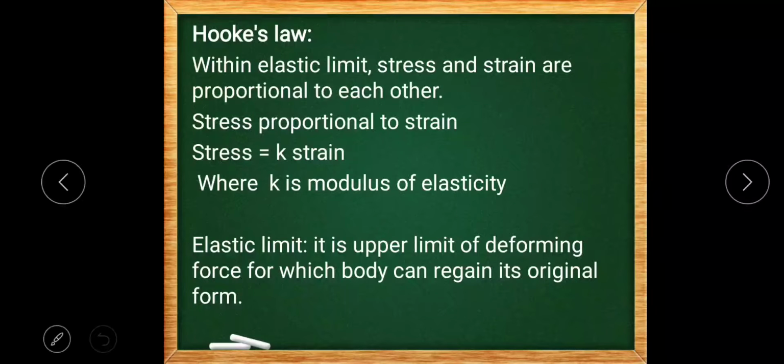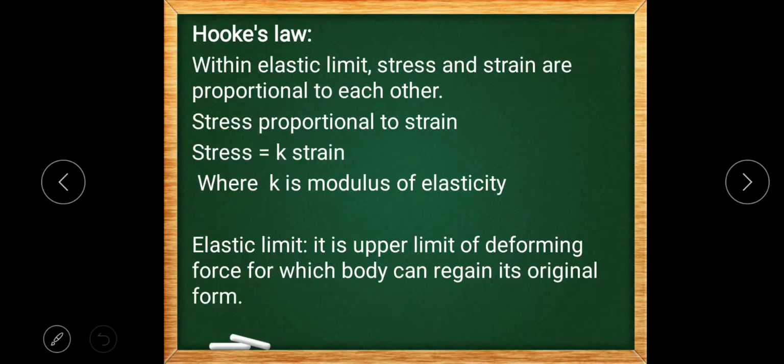It is important from your exam point of view. The statement is as follows: within elastic limit, stress and strain are proportional to each other. Here, what do you mean by elastic limit? It is the upper limit of deforming force for which the body can regain its original form.